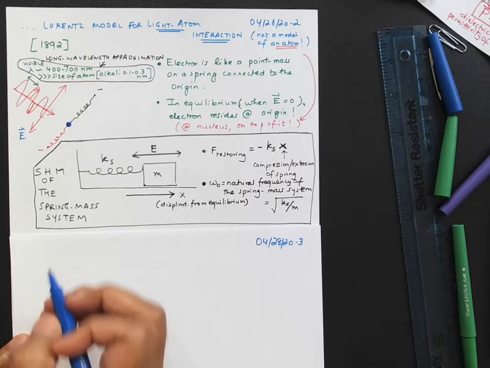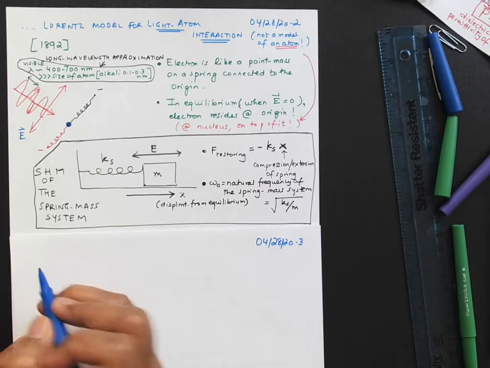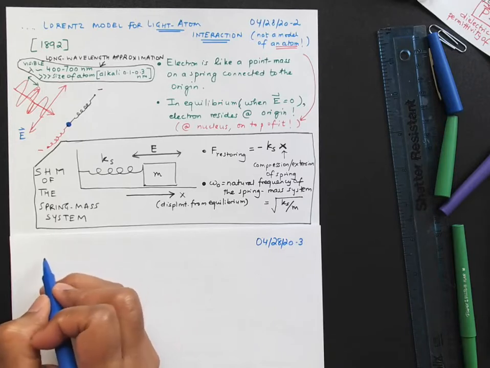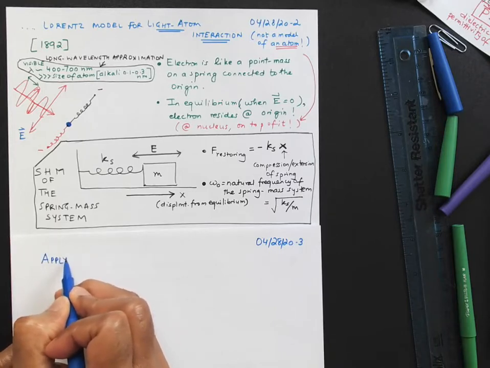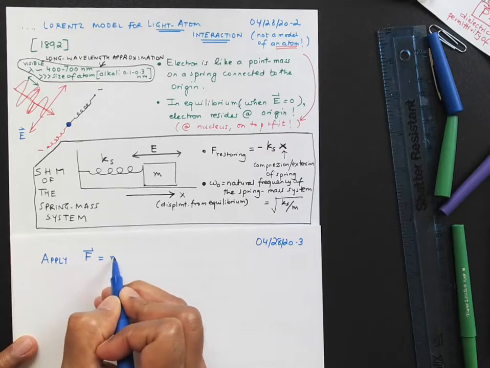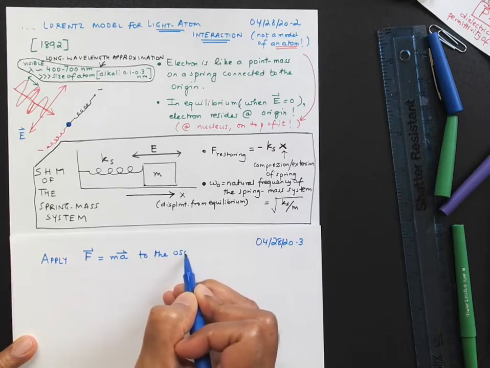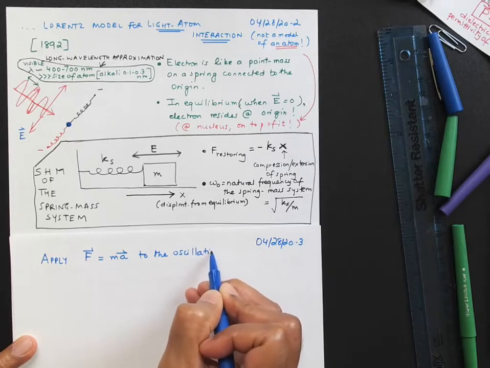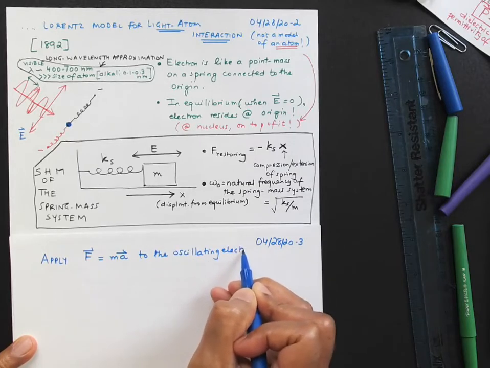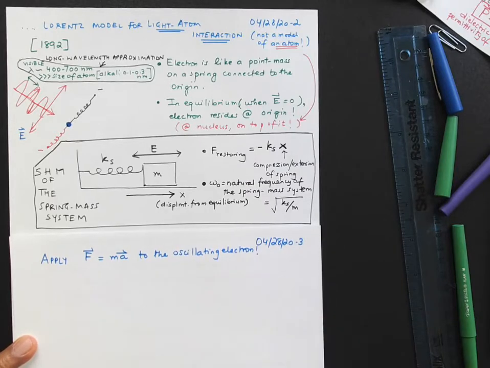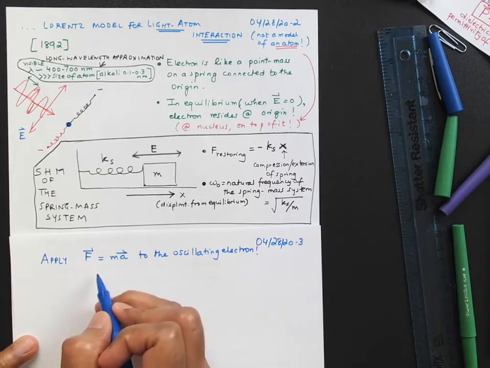This is how easy it gets. Can't get easier than this. We're actually going to apply F equals ma to the oscillating electron.